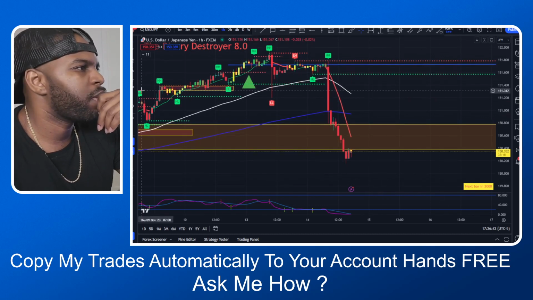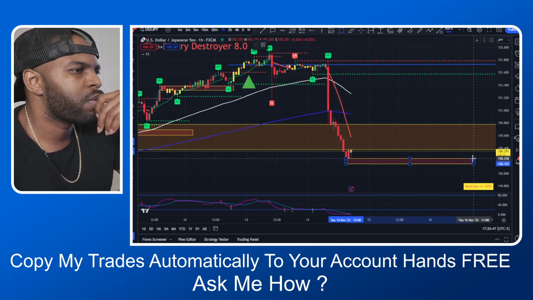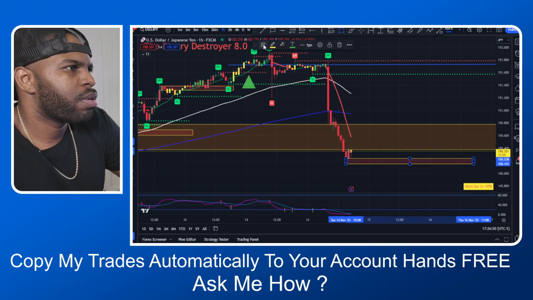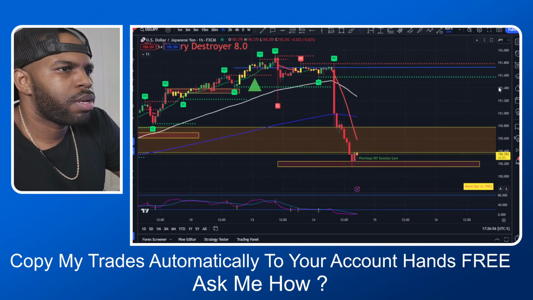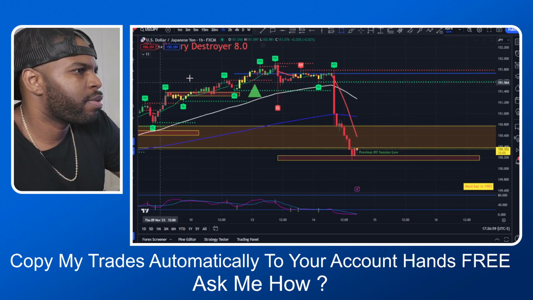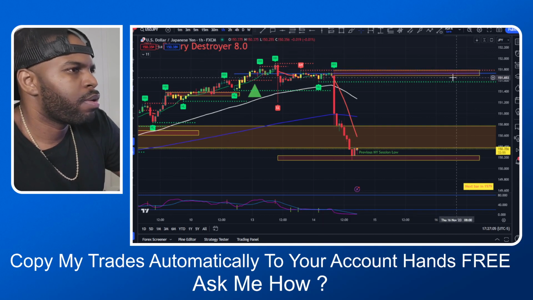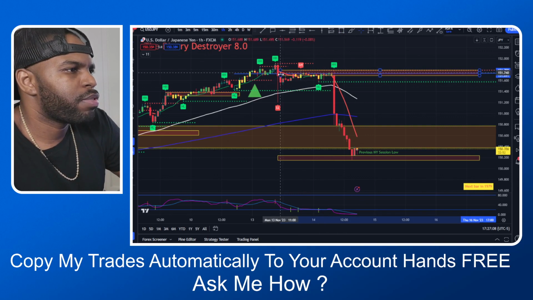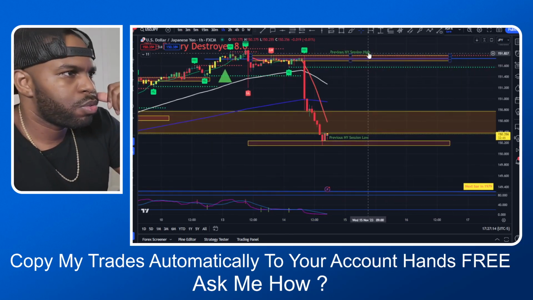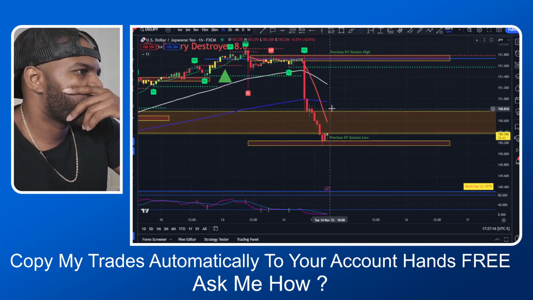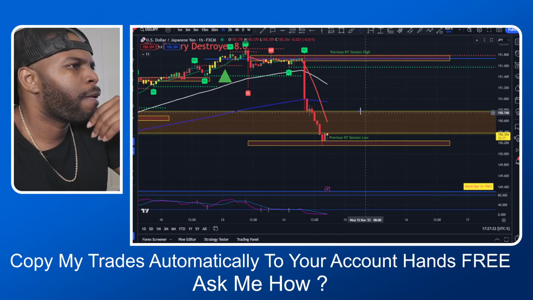Looks like this will be a previous New York session low. Okay. And then up here at the higher high, this will be our previous US session high. Okay. So those are the two zones that I'll be paying attention to. Right now, I also have a past weekly zone here as well.